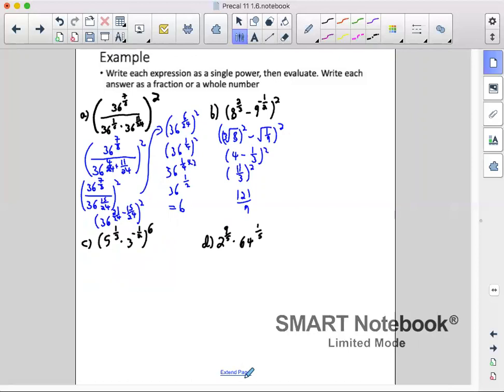we have 5 to the power 1/3 times 3 to the negative half, all to the power of 6. So first thing I would do is apply this exponent to both of these inside.